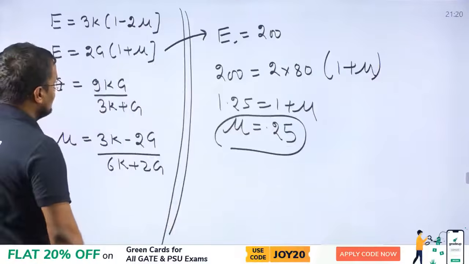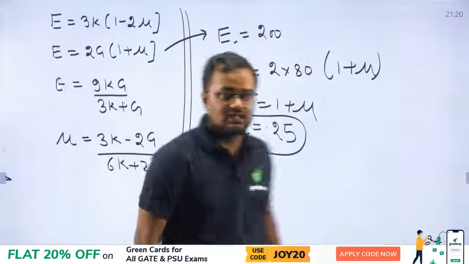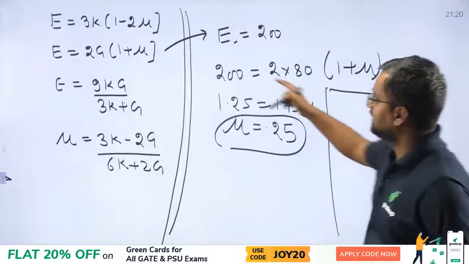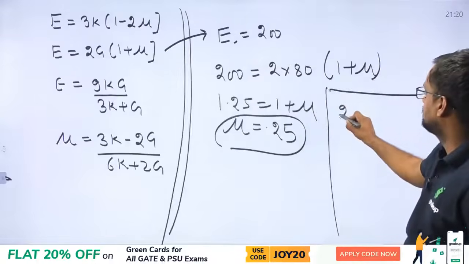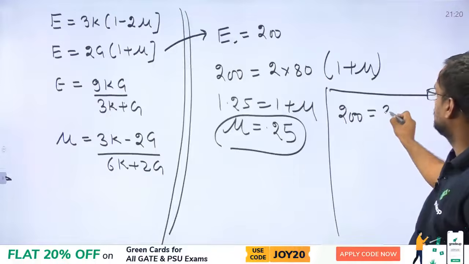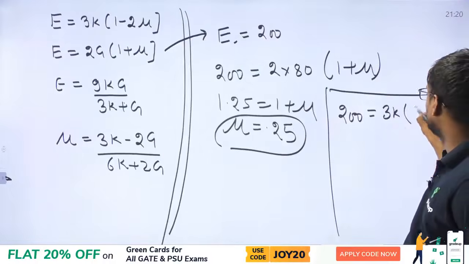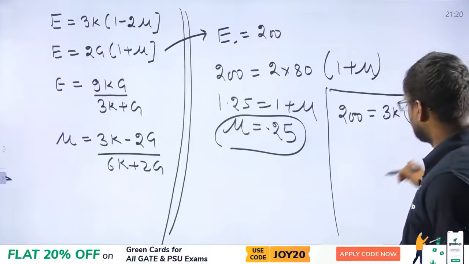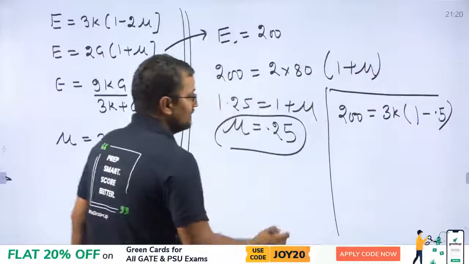Now what are they asking? They are asking K also. Oh my God, they are asking so much. Let us find out K. So putting in this relation, on first relation, my friend, see there. 200 is equal to 3K into 1 minus 2 mu. Mu we got 0.25. So 1 minus 0.5 is how much? 0.5.